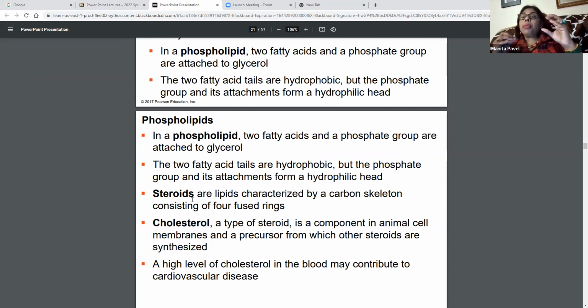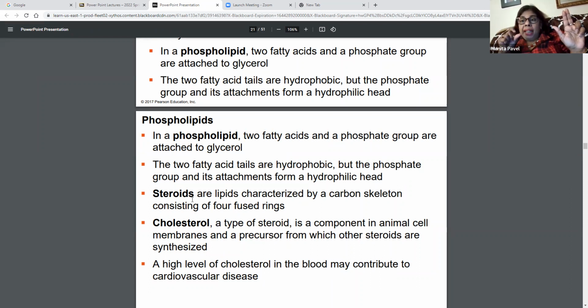So phospho comes from the word phosphorus. When you look at lipids and fats, what would be the elements present? If carbohydrate had the CHO group, carbon, hydrogen, oxygen, remember I gave you the word CHOP?